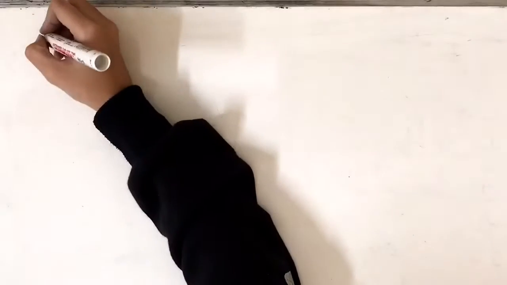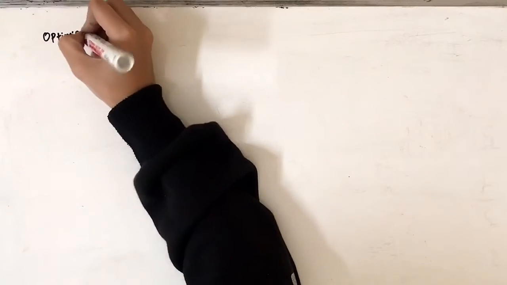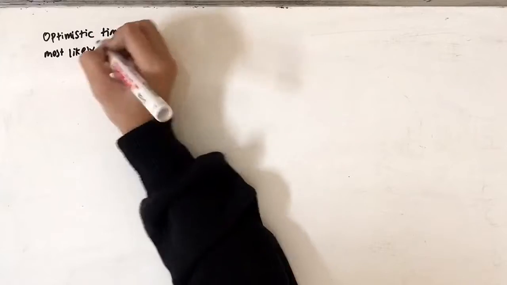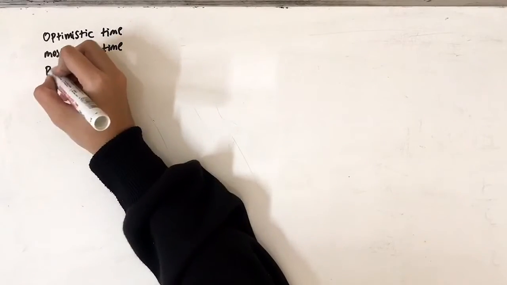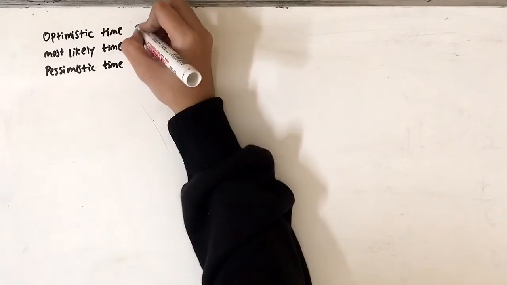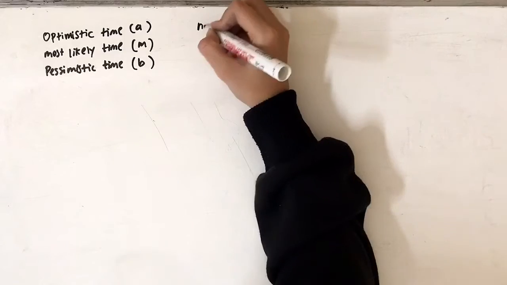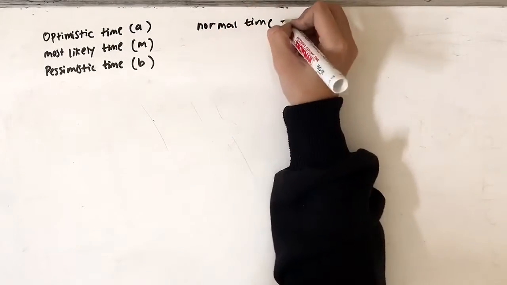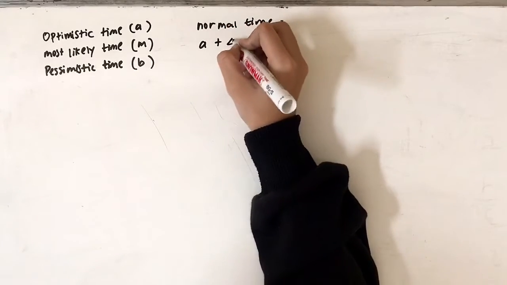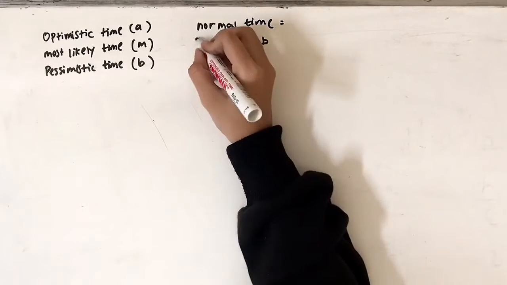Based on the data given, we have to find the normal time using this formula: A plus 4M plus B divided by 6.